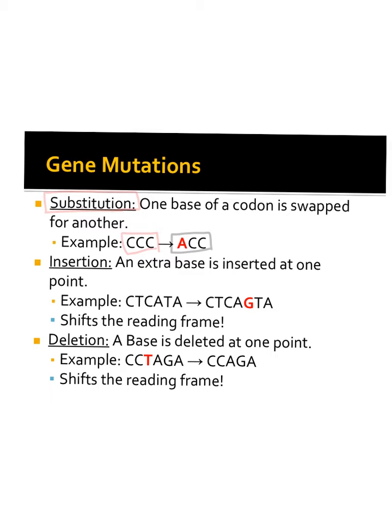What's important to remember about substitutions is they only affect one amino acid. Because we are not inserting or deleting a base, those codon reading frames stay the same. We will only be affecting the single amino acid in which the substitution occurs. So very important: one base swapped for another, but we are only affecting one amino acid, or one codon.